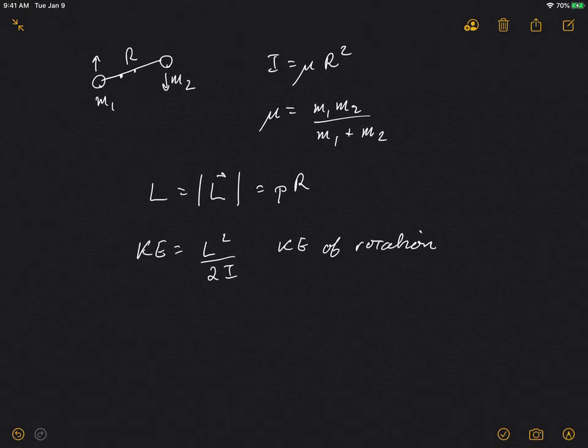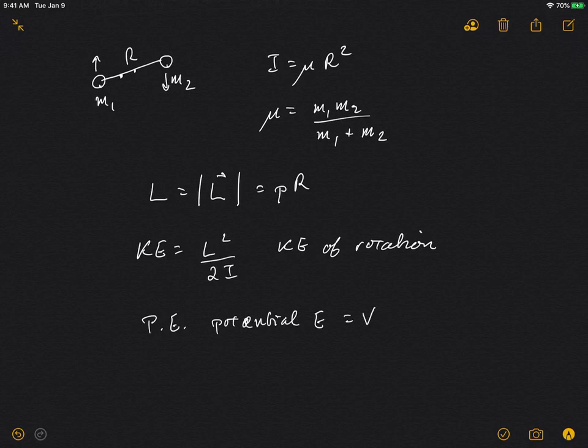And the next issue is, what is the potential energy in the system? The potential energy, which we usually use the symbol capital V for, is going to be zero. There's no potential energy associated with this motion.